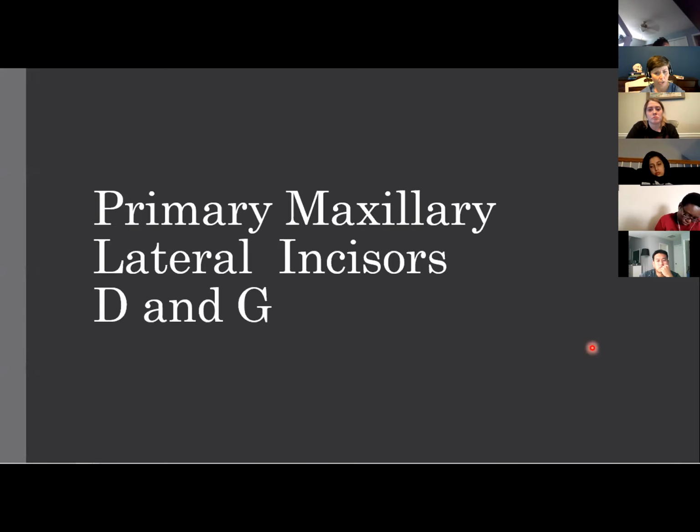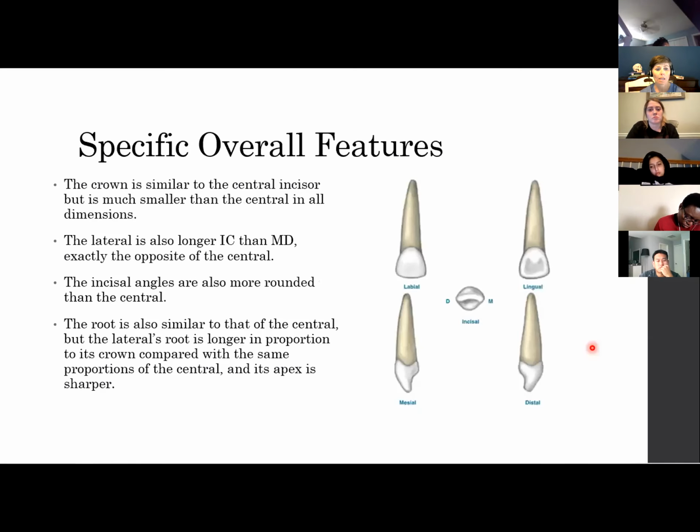The maxillary lateral incisors, these are letters D and G. The crown is very similar to the central incisor and is much smaller than the central incisor in dimension. The lateral is also longer incisal to cervical than it is mesial to distal, exactly the opposite of the central, right? It's similar, but opposite in length and width.